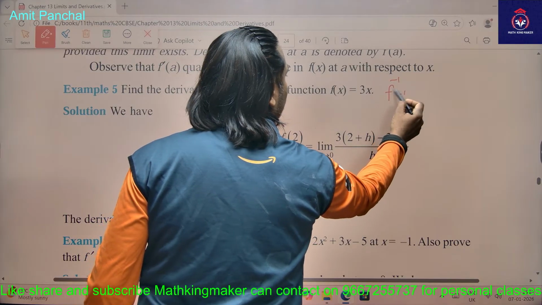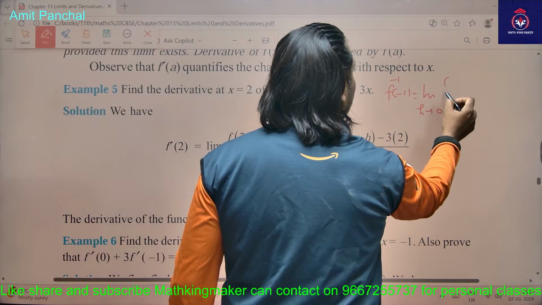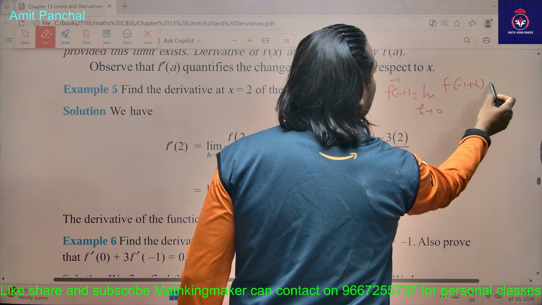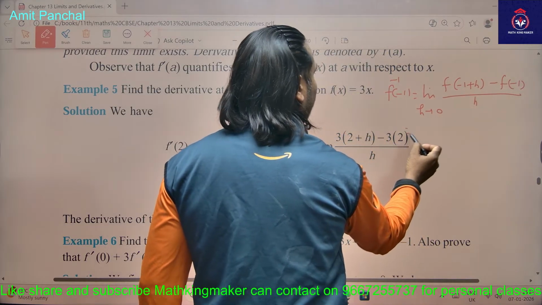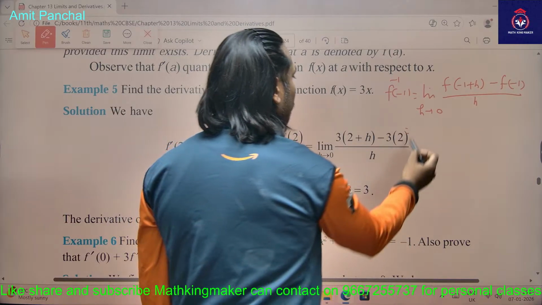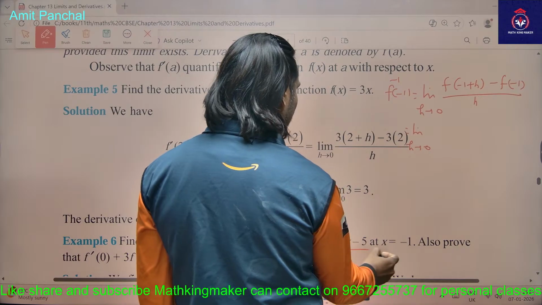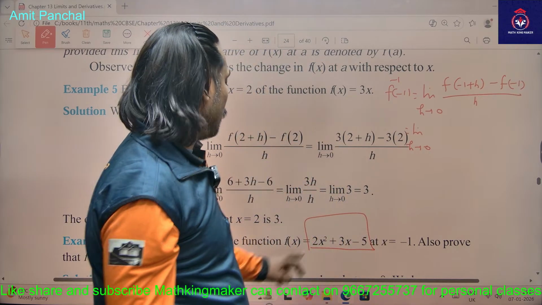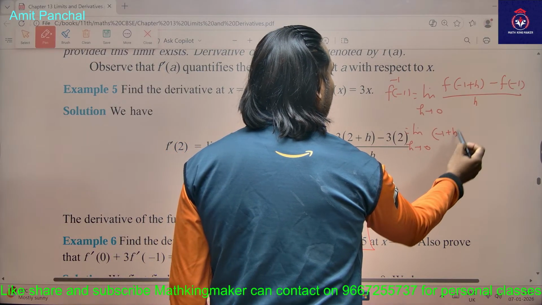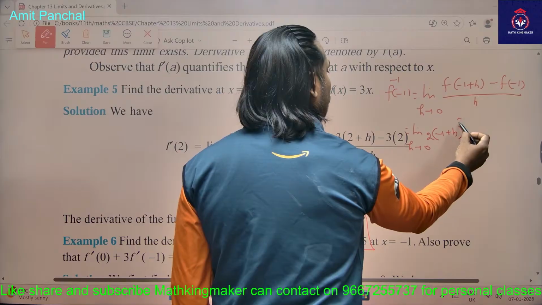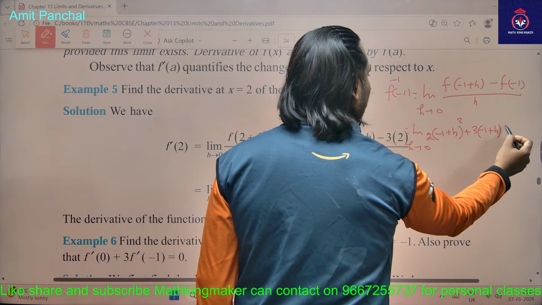F dash minus 1 will be equal to limit h tends to 0, f(minus 1 plus h) minus f(minus 1) divided by h. So you put minus 1 plus h into 2x square plus 3x minus 5: 2 into minus 1 plus h square, plus 3 into minus 1 plus h, minus 5.